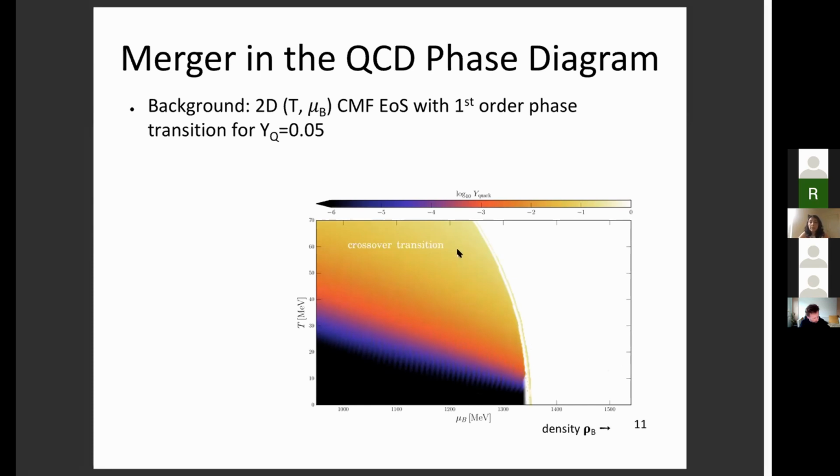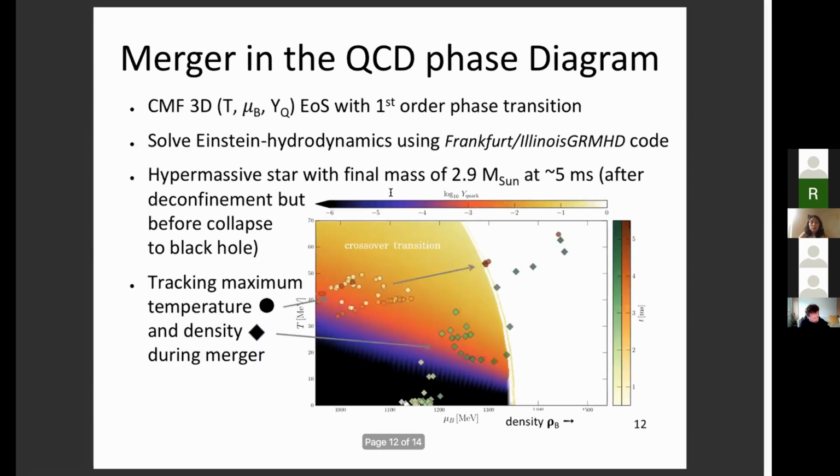And as you go up, you end up finding this crossover region, which in our model happens at 160 MeV temperature. And what I found out when you plot the simulations here is that they cover sort of the whole phase diagram. So we have to find ways to show this.